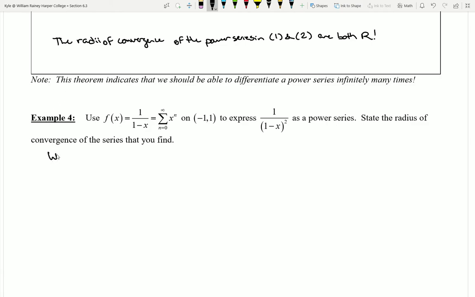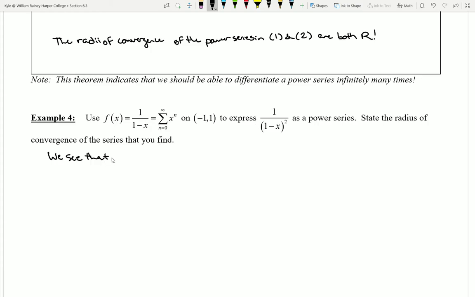I'll start by saying that we see that there is actually a connection between our function f and our other series over here, 1 over 1 minus x all squared. And you might be able to spot what that relationship is. Take a moment and see if you can find the connection between this function here and this new function.